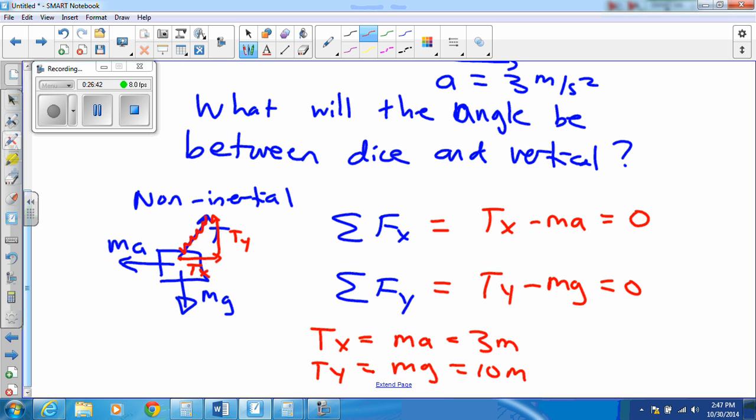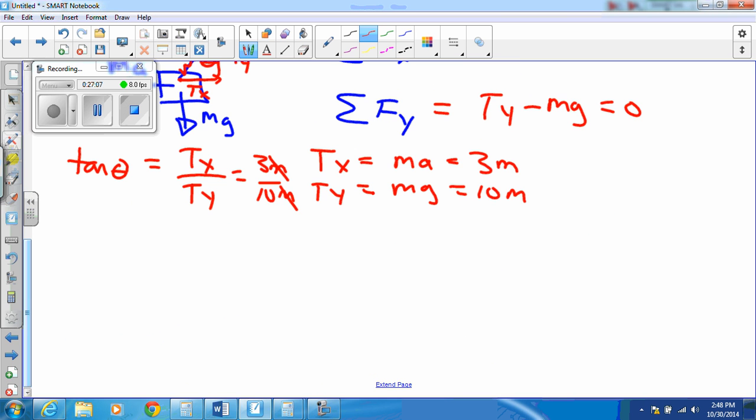Everybody with me so far? Finally, Tx and Ty are pointed in the direction of the rope, so if I take the angle with the vertical, I can do my usual SOHCAHTOA: the tangent of that angle equals Tx divided by Ty, which is 3m over 10m. My masses cancel out, and I get 3/10.